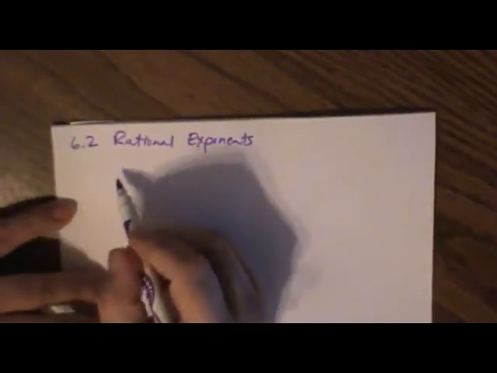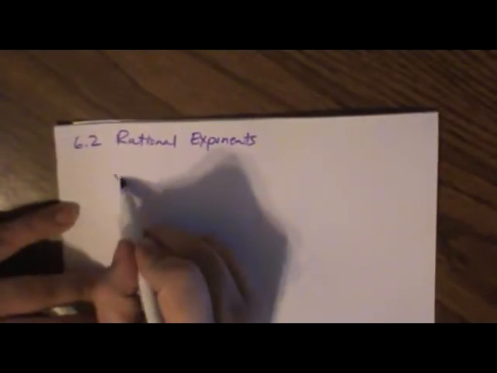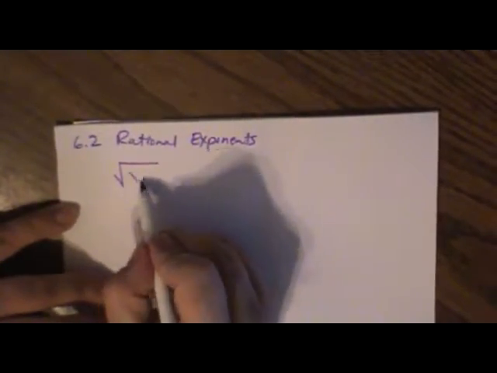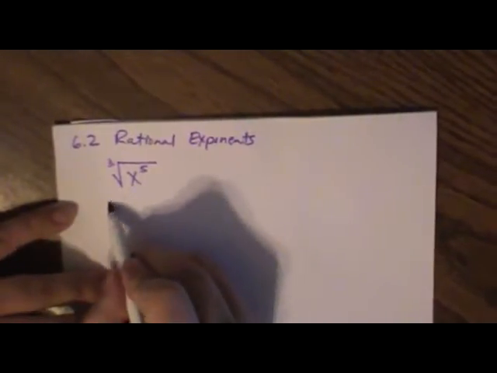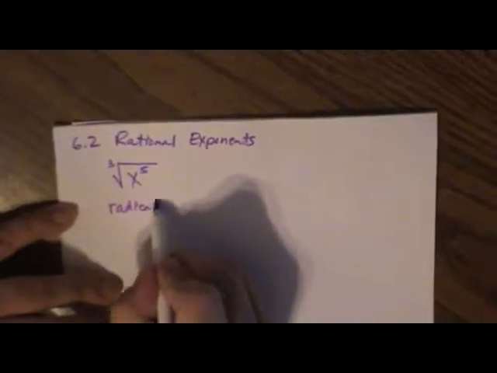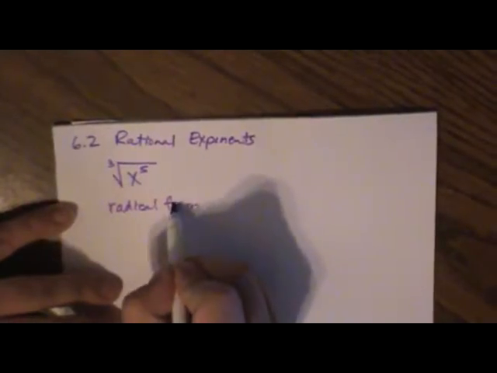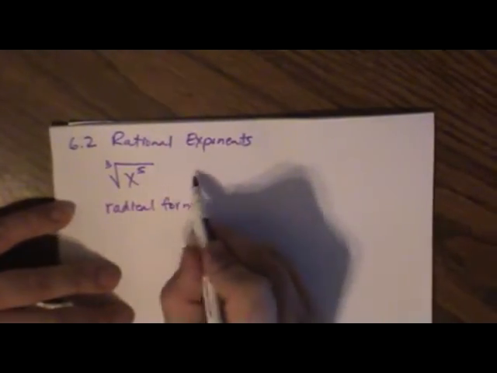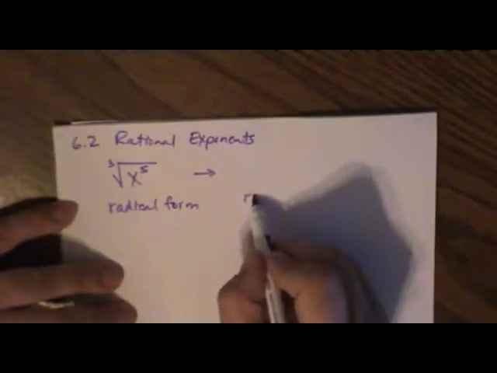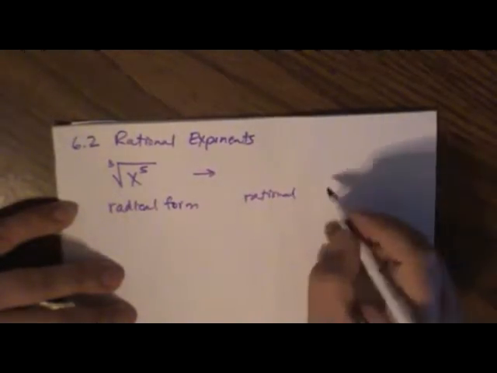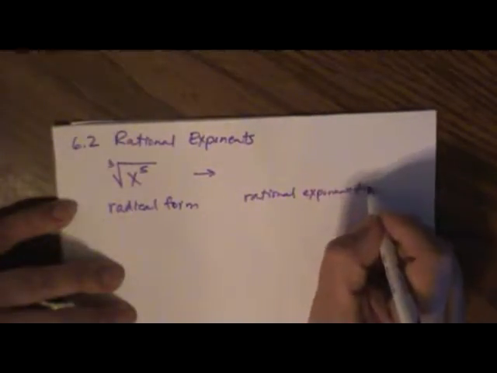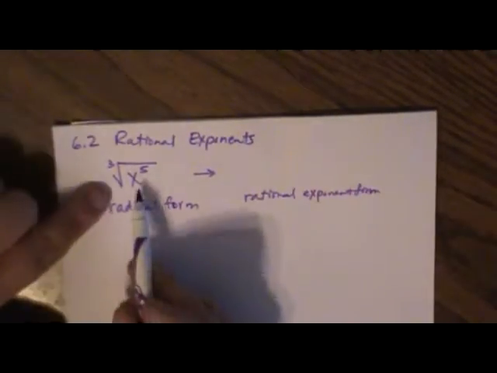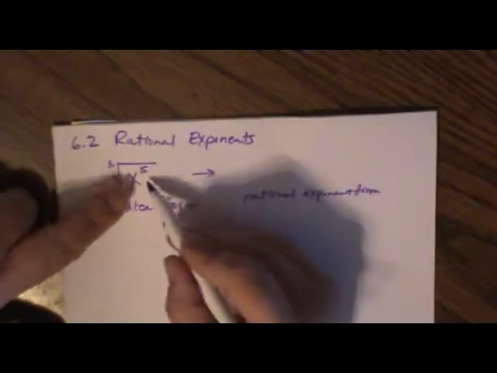Whenever you see a radical in the equation, it is called radical form. Now we can put this in what's called rational exponent form, which looks like this.